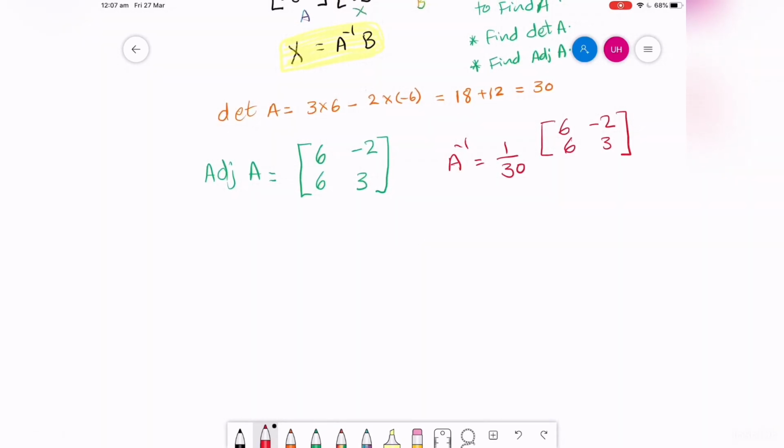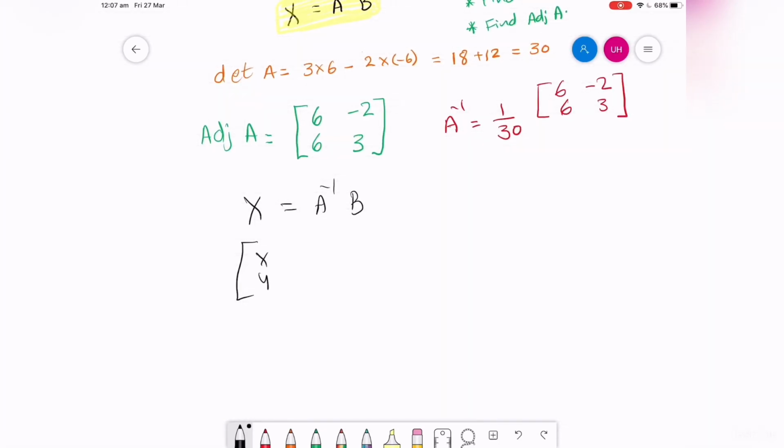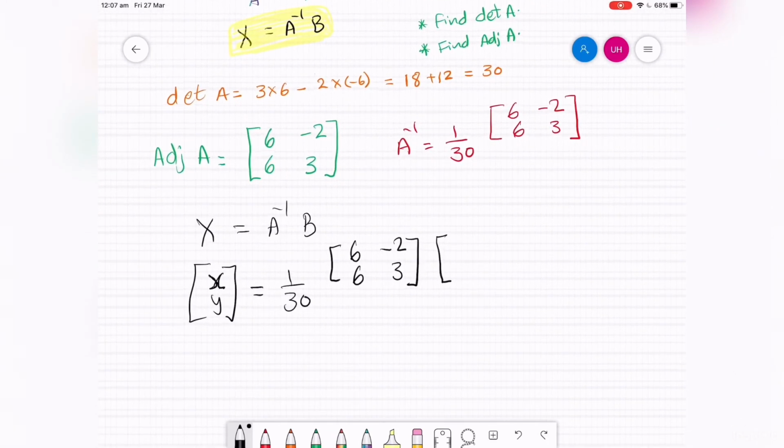Right, we already know that X equals A inverse B. Then X, which is x and y, equals 1 over 30 times 6, minus 2, 6, 3, multiplied by B. Our B here is 7 and 6.